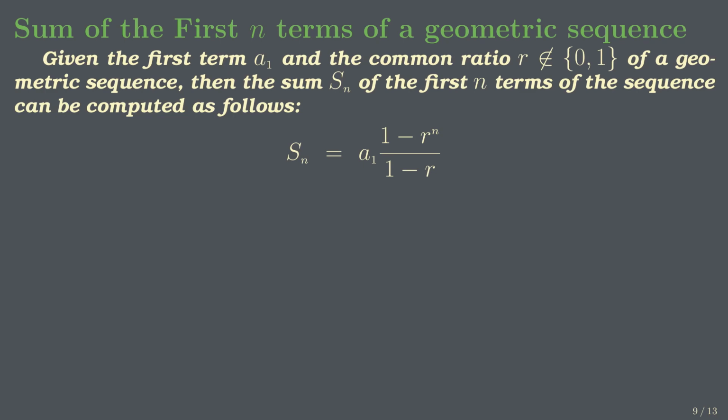Then the sum of the first n terms of this sequence can be computed using the formula Sn is equal to a1 times 1 minus r to the power n, over 1 minus r. So from this formula, you obviously see why we have to require r to be different from 1.